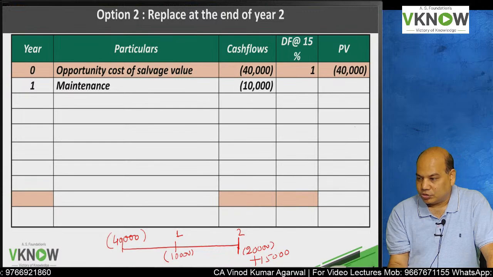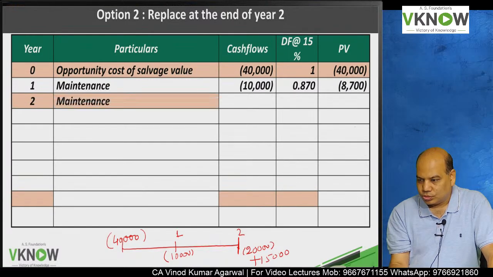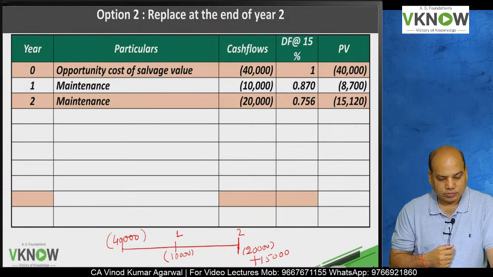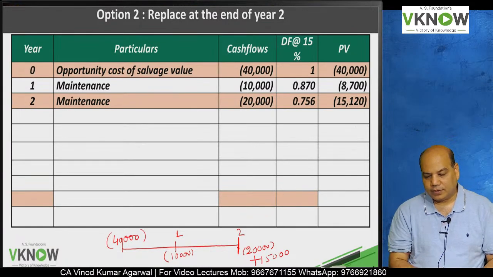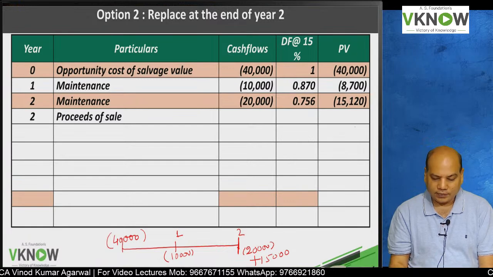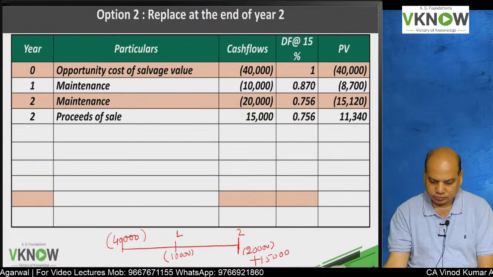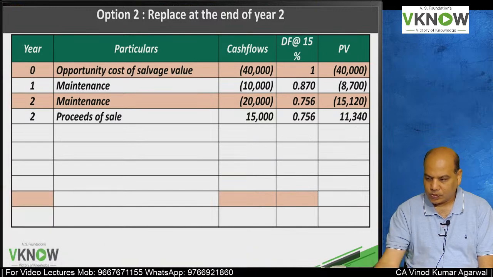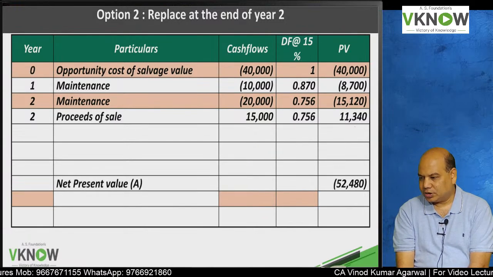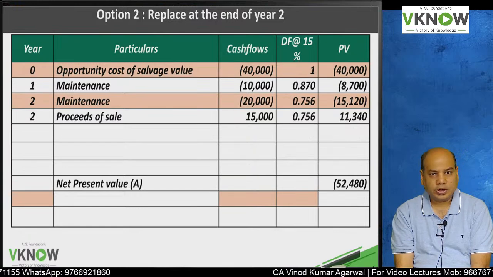Year 0 opportunity cost 40,000, year 1 maintenance 10,000, year 2 again maintenance 20,000, present value 15,120, and now you are going to sell it, scrap value 15,000, present value 11,340. Take the total: 52,480.